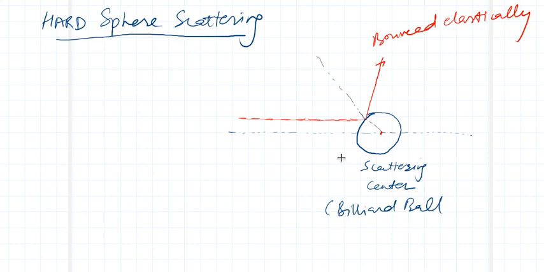And what is the angle of scattering? The angle of scattering is basically, if this ball is not there, then it should follow this path, and this is the scattered path. So this angle theta is known as the angle of scattering. And what about this angle and this angle?